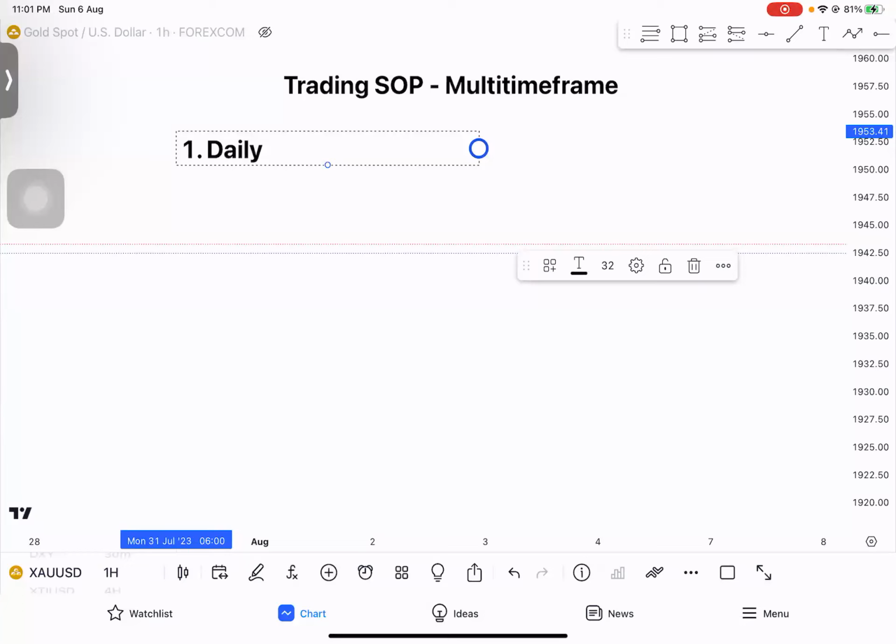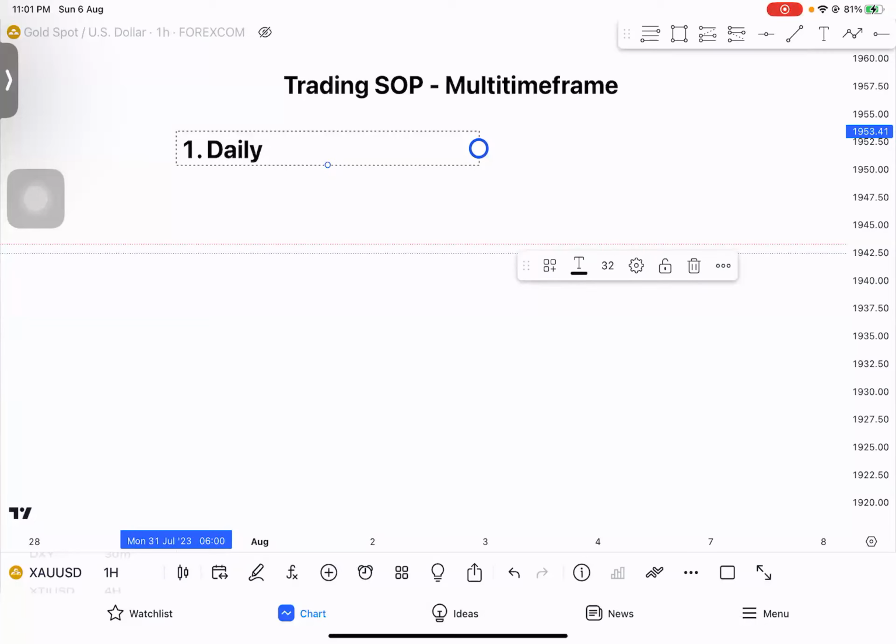Once a week I will check the overall bias of the market and mark the support, resistance, and also the supply and demand zones. For me, the daily level is quite key. If price touches that zone, there should be some reaction in the lower time frame.